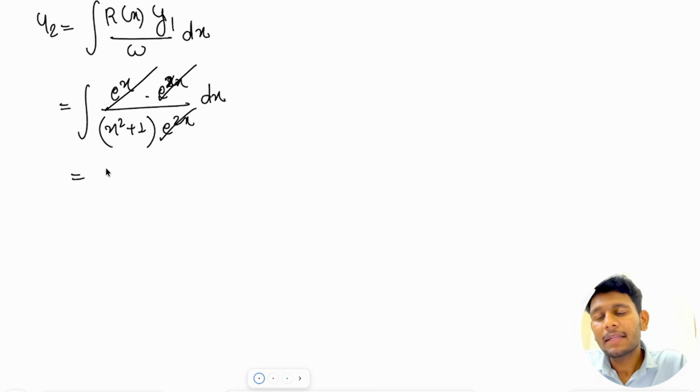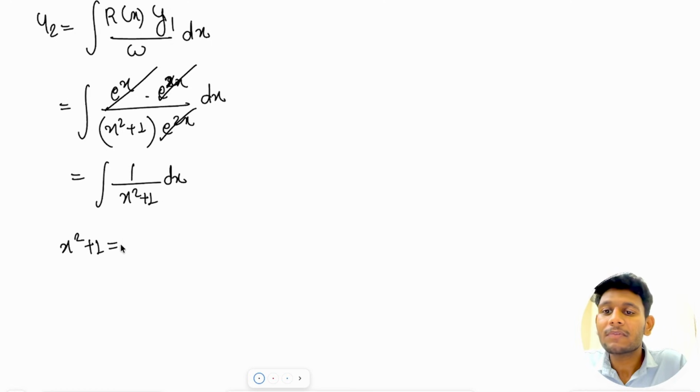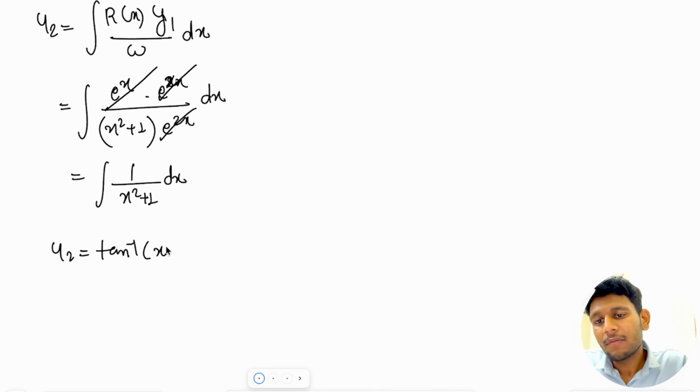Here it will get cancelled, so it will be 1 upon x square plus 1 dx. That is the formula for tan inverse. This is u2, which is equal to tan inverse x.